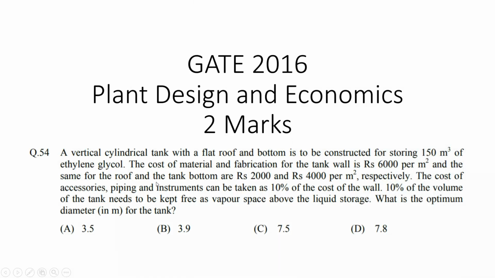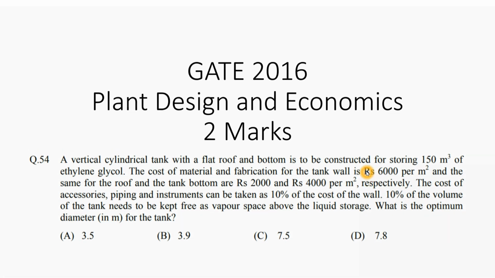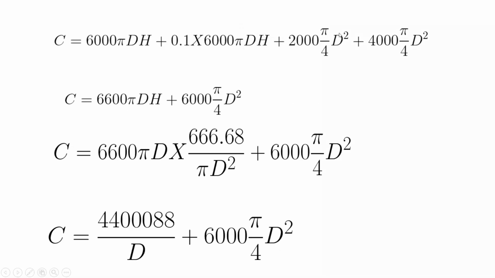The same for the roof and the tank bottom are 2000 and 4000 per meter square respectively. So since it is a cylindrical vessel, the surface will be a circle. So area of the circle is pi by 4 d square for the roof at 2000 and 4000 for the bottom, pi by 4 d square, right?